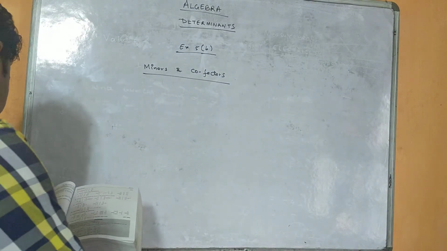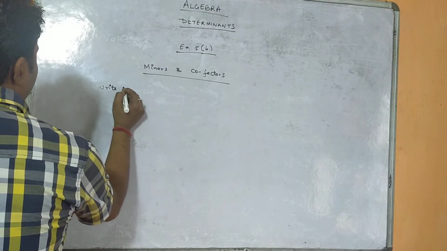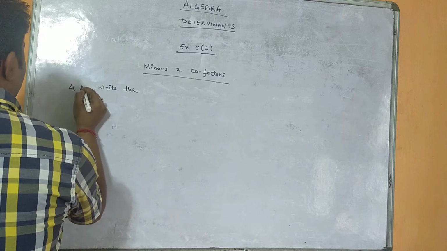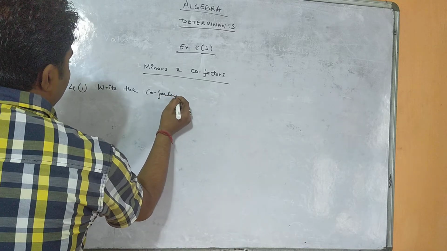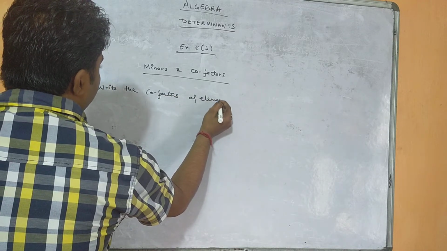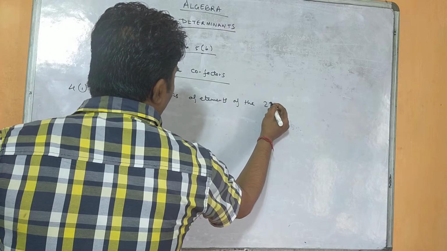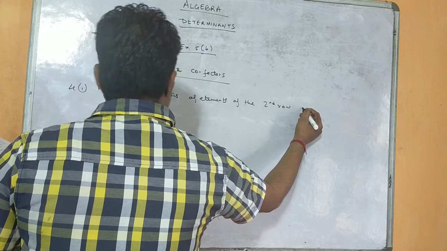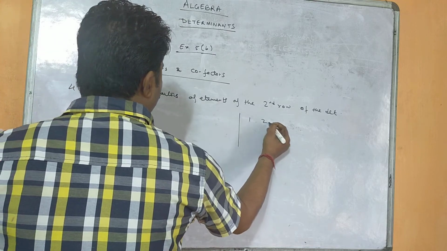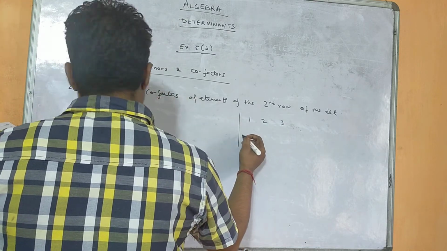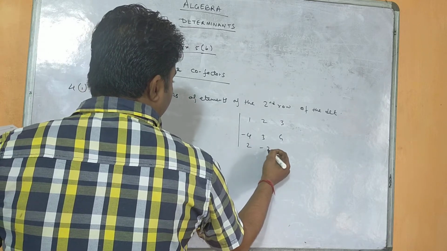Next we have cofactor. Let's solve some problems on cofactor. Write the question number 4.1. Write the cofactors of elements of the second row of the determinant, and the determinant is given: 1 2 3, minus 4 3 6, 2 minus 7 9.